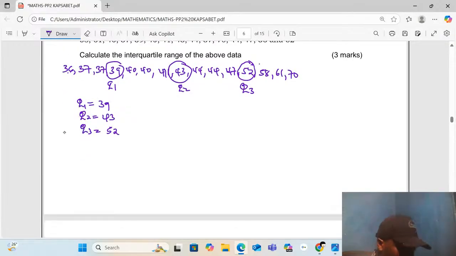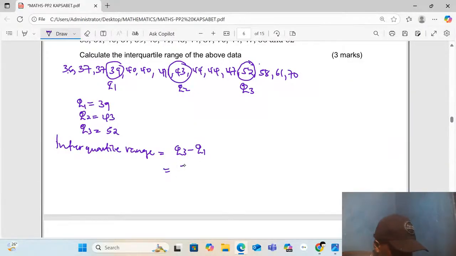Now, to find the interquartile range, we simply take Q3 minus Q1.